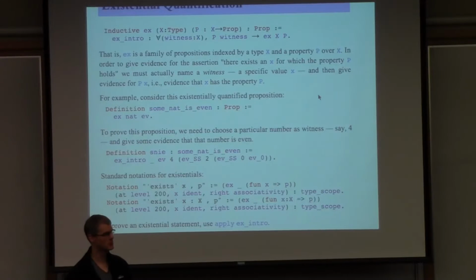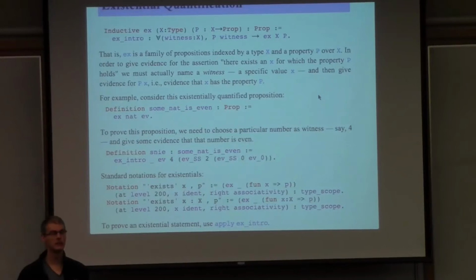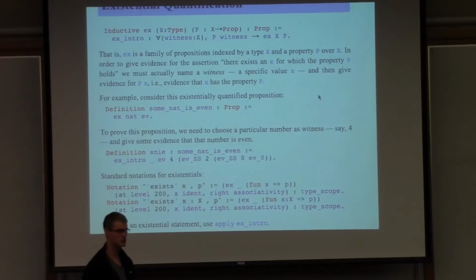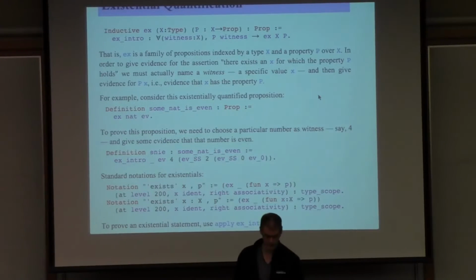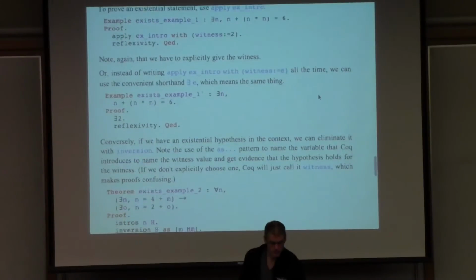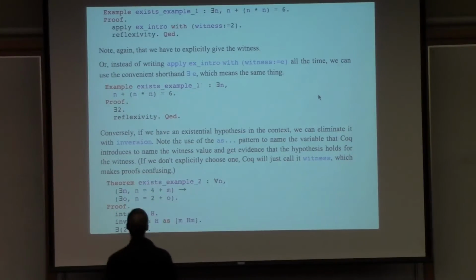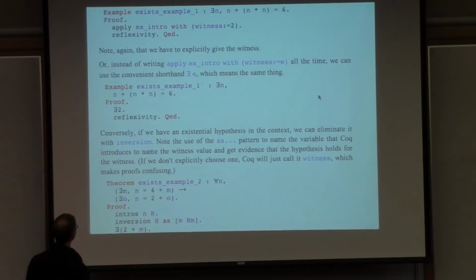And that makes perfect sense because the witness, just intuitively, is something that has to be carefully figured out and may be hard to figure out. So we wouldn't expect unification to just automatically, magically derive it. Okay, so we say apply ex intro, explicitly giving the witness. The unification mechanism works out the type X and the proposition P that we're dealing with, but it can't get the witness.